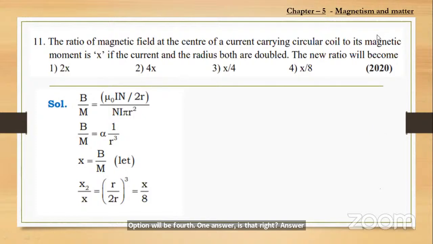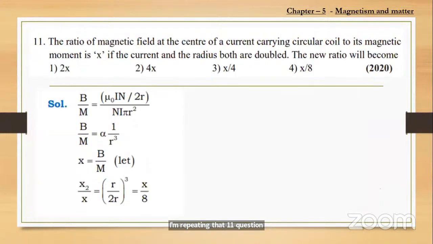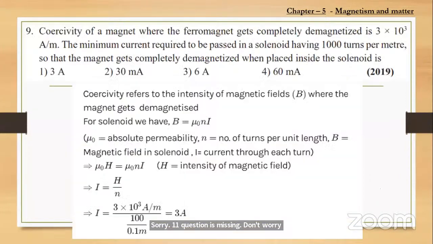Good, someone is answering. Someone is asking me to repeat the 10th question. Okay, fine, I'm repeating it. Sorry, the 10th question is missing. Don't worry, the previous question is this one.